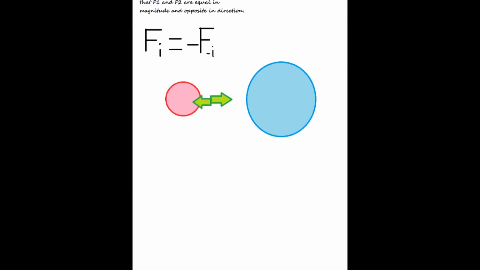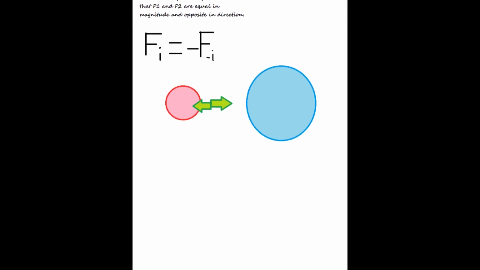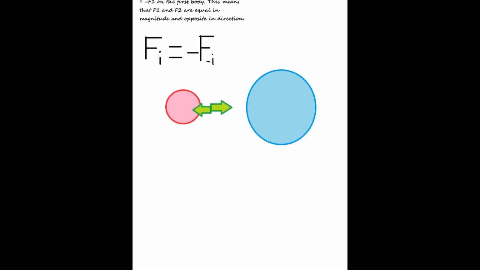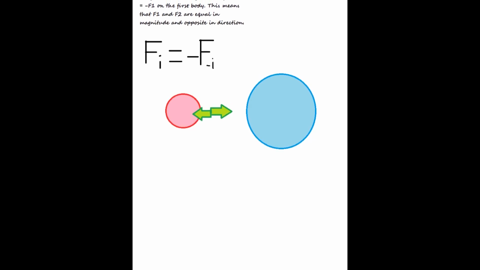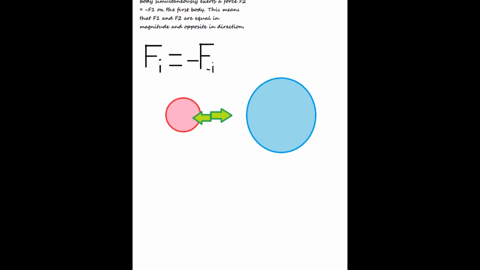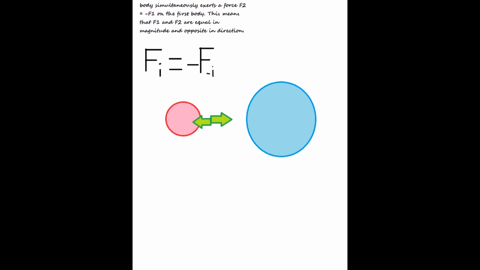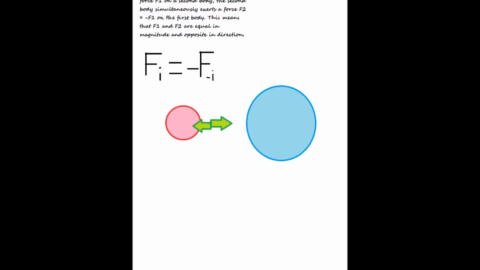Now to Newton's third law. Newton's third law is when a first body exerts a force F1 on a second body, the second body simultaneously exerts a force F2 equal to negative F1 on the first body.